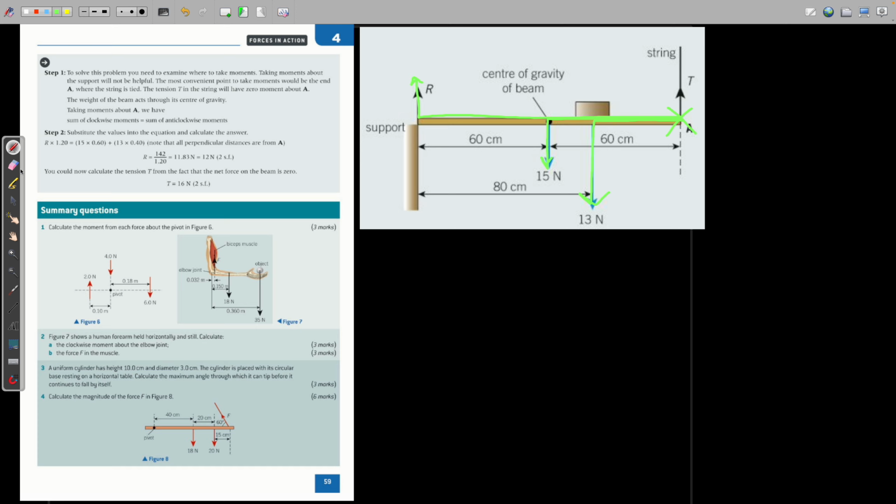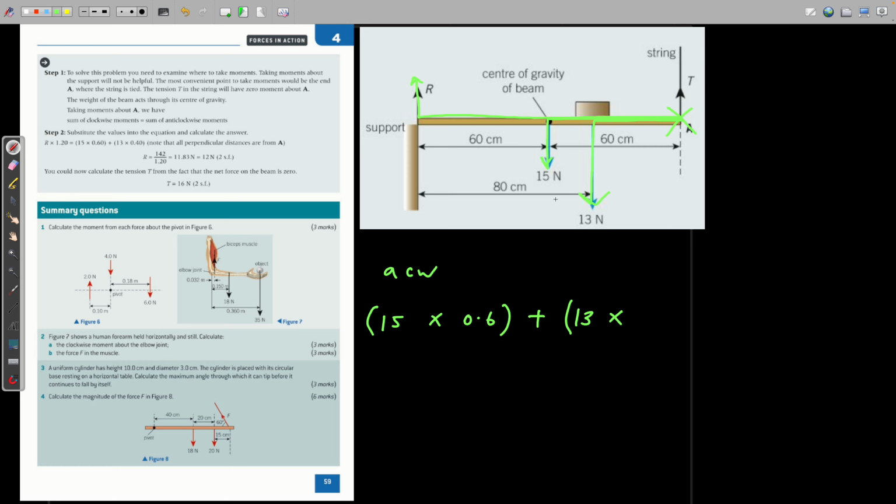With the anticlockwise moments, you have 15 newtons times 0.6, just turning it into meters. Plus 13 newtons times the distance away from the pivot.